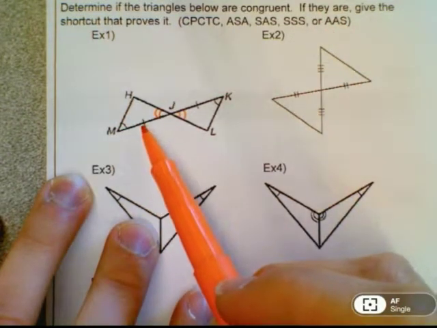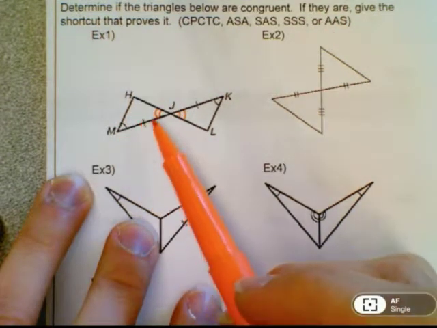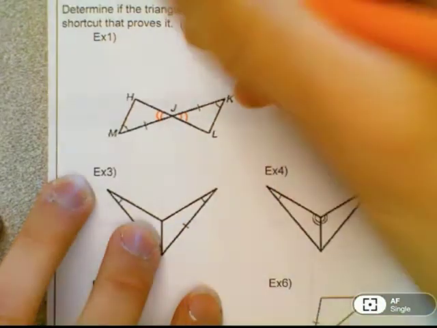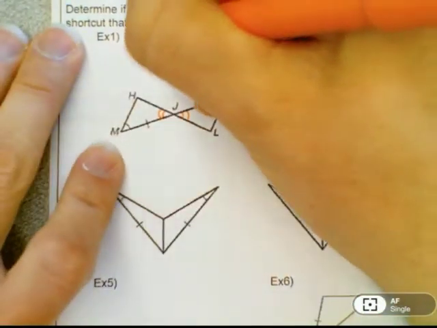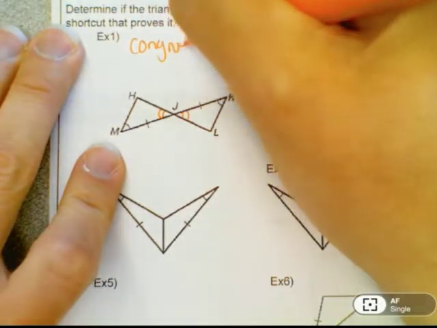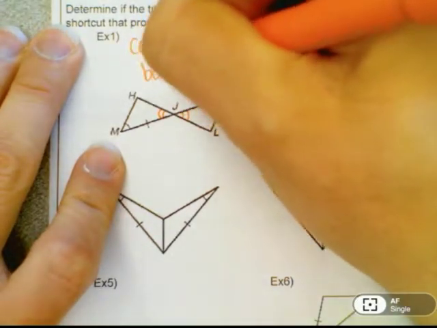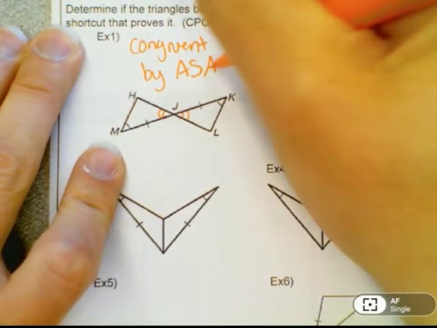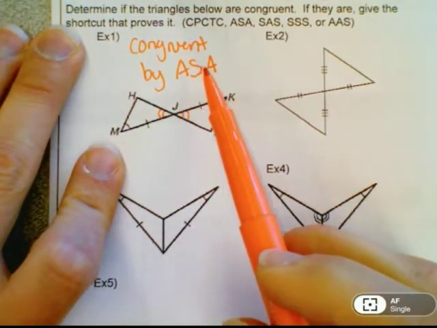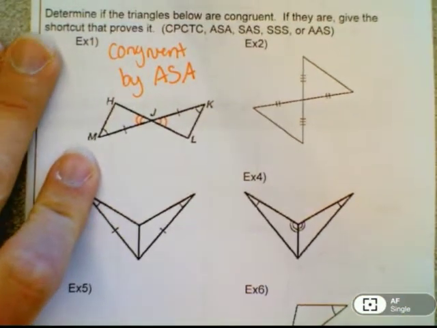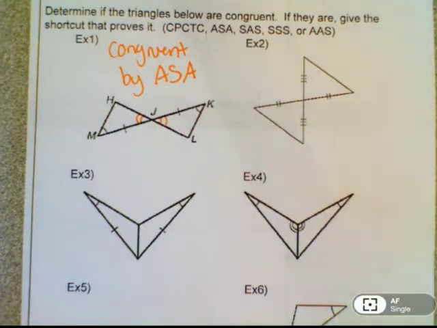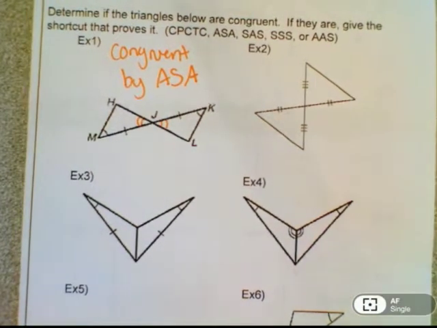And in this case, it's between them, right? This side that I know about is between the two angles. And so the shortcut is, well, first we're going to say congruent by angle, side, angle. I've got two angles and a side. The side is between them. Let's look at example 2. In example 2, I again have vertical angles, so please mark them.